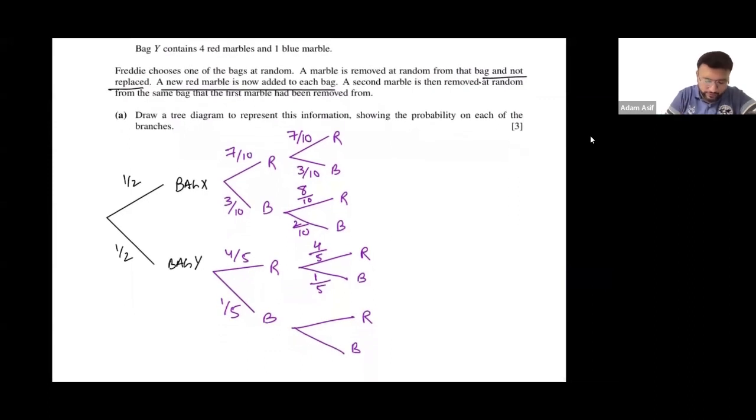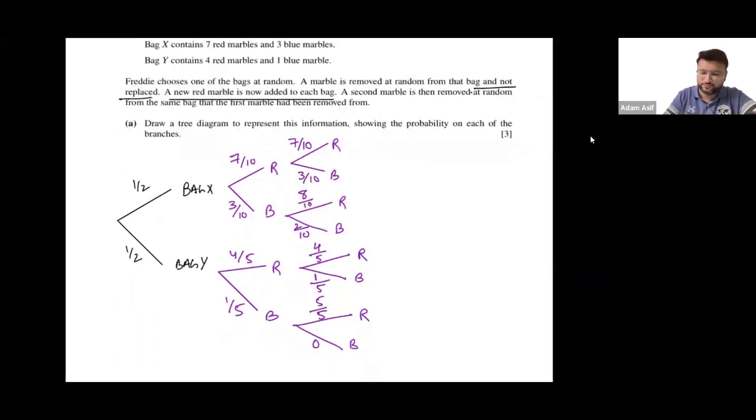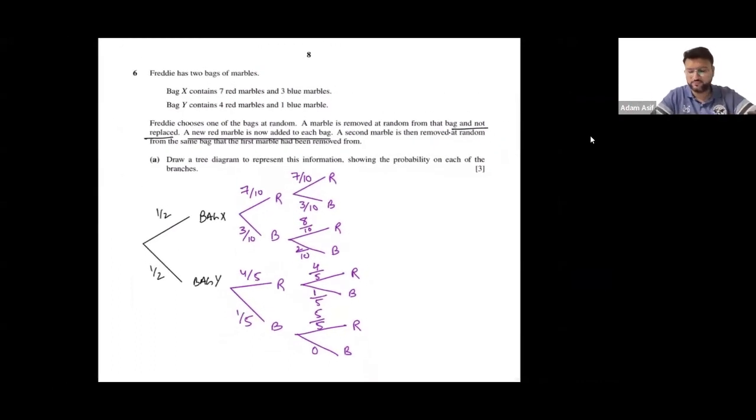But if you have removed the blue marble, now in bag Y there are no blue marbles, and you have added another red marble, right? So now the total will be 5, but all of them would be red, and there is no blue marble left. This is the tree diagram. Please look at the tree diagram and let me know if you have any further questions.